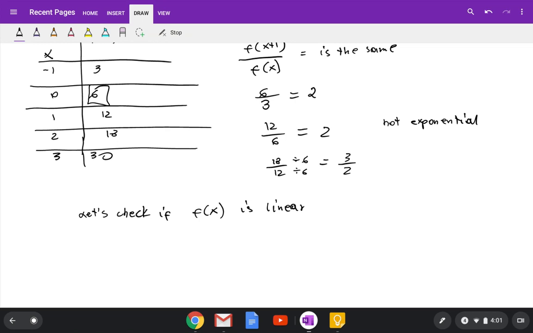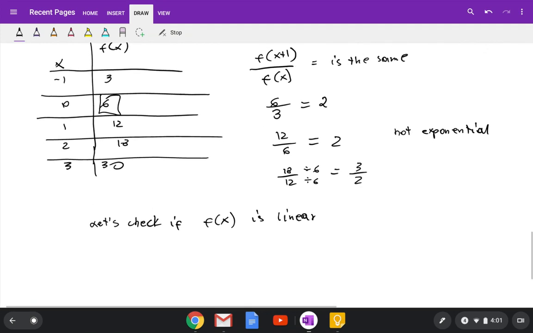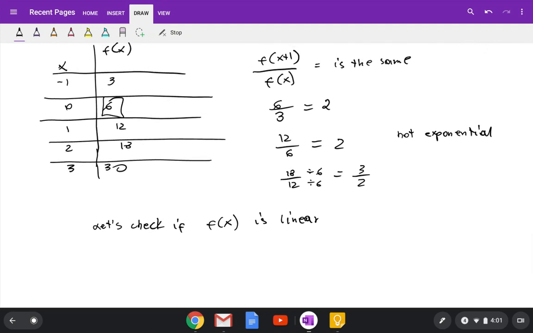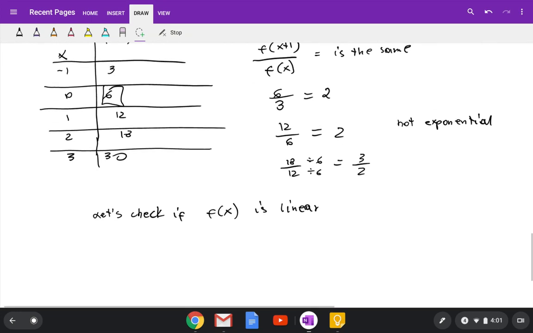What you will need to do is find the slope between each pair of points and check if your slope is equal. For a linear function, I'm going to first work with these two points: -1 comma 3 and 0 comma 6.